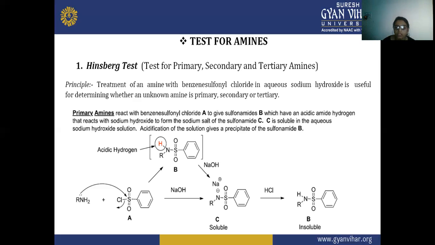The acidic amide hydrogen will be removed from here, and then the nitrogen will get the negative charge on it. After that, this H positive will react with the OH negative, and there is a formation of water, and this will get removed from here.